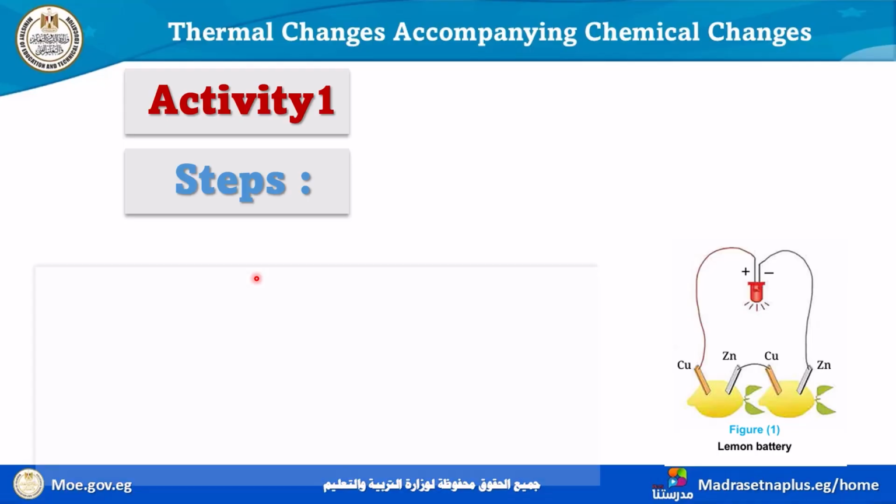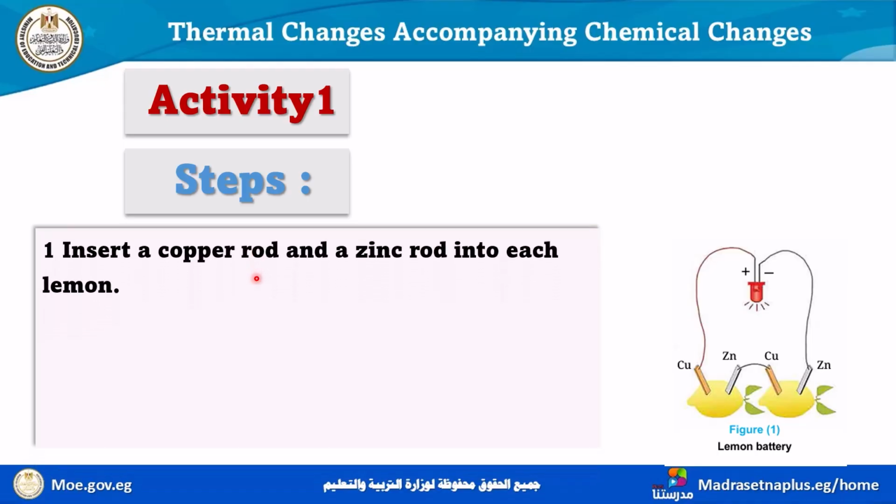Our step: we will start by inserting the copper rod and the zinc rod into each lemon. So, in each one of these 2 lemons, we will insert a copper rod and a zinc rod in the first lemon, and another copper rod and a zinc rod in the second lemon.